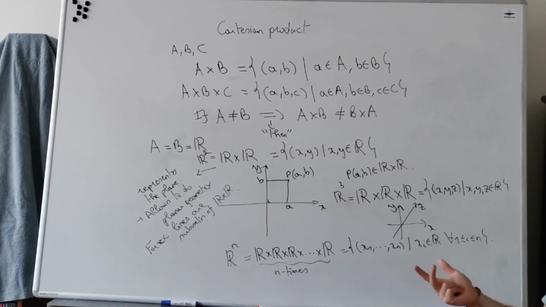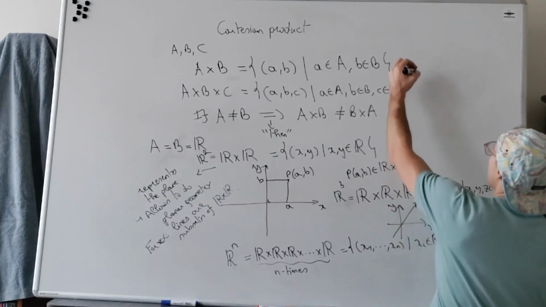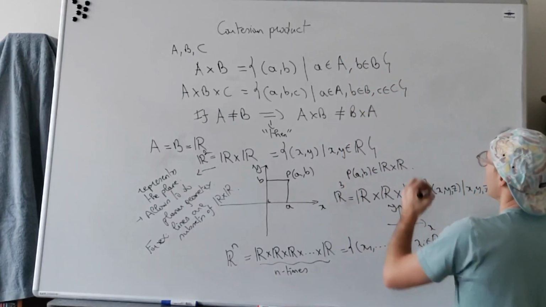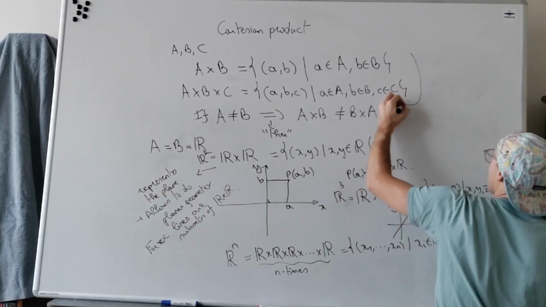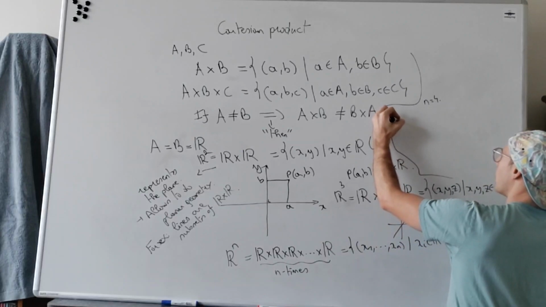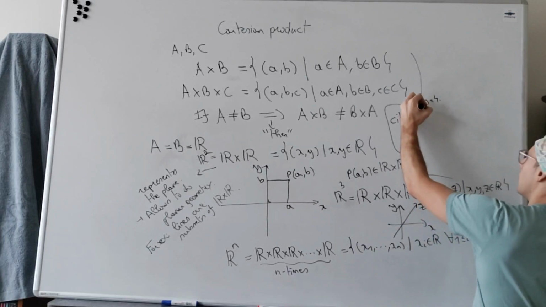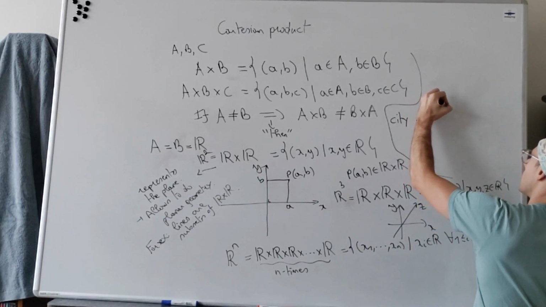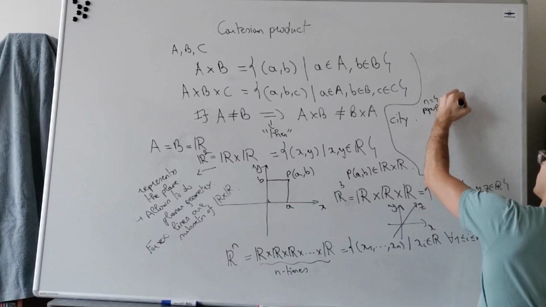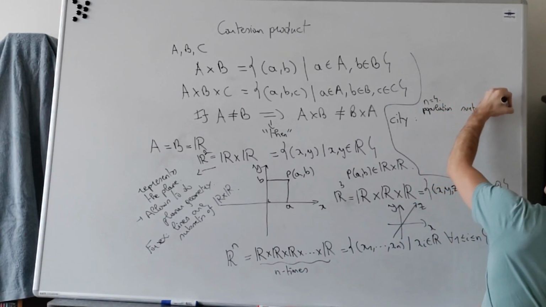Of course, we cannot imagine it ourselves anymore if n is bigger than 3, but it's not necessarily a problem, because you already know how to work with this. For example, if n equals 4, and I want to describe some cities and give properties of them, I can look at the population, the surface, the longitude, and the latitude.